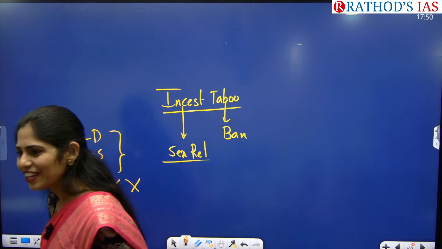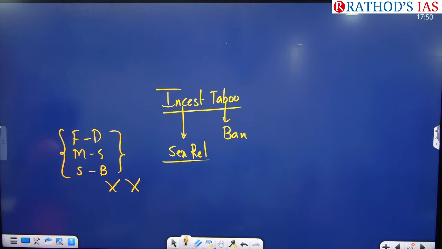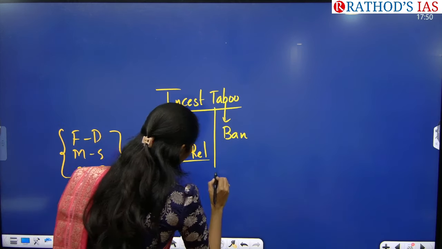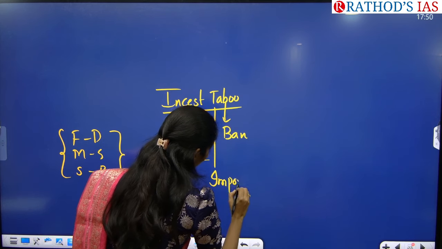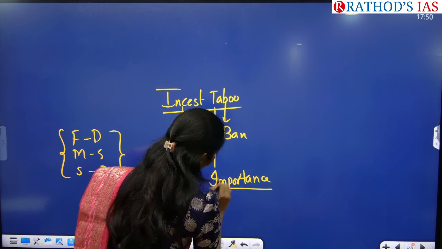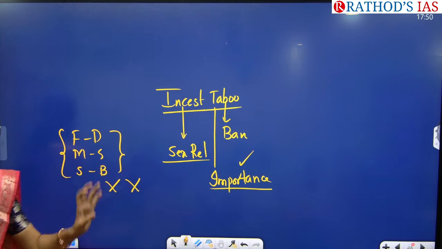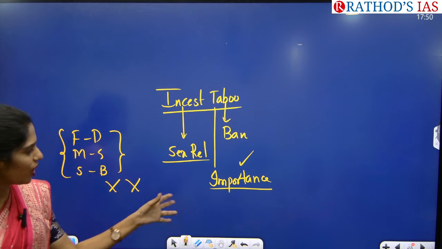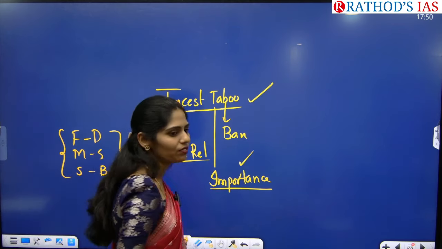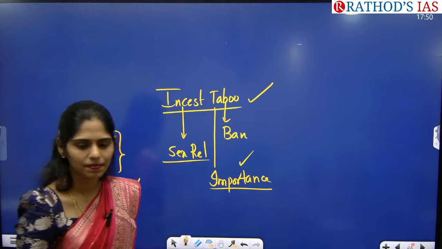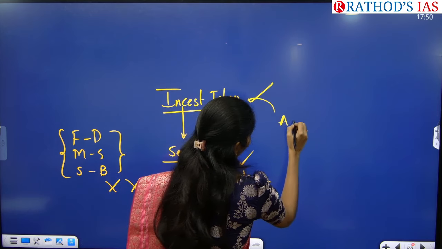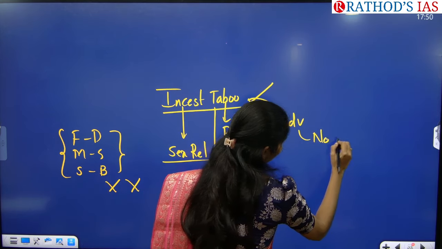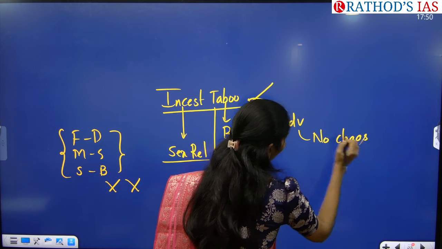That means, will you be okay with this kind of sexual relations between the close family members? No? So tell me, what is the importance of this? Whether will you accept we need incest taboo or not? Yes, you will accept that, yes, we have to restrict or prohibit this kind of sexual relations in a family. So what happens because of this incest taboo? What are the advantages? Okay, no chaos in the family. Next.